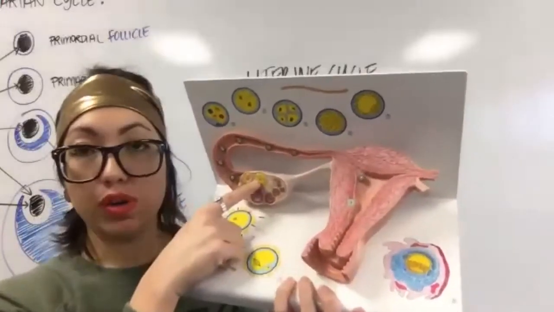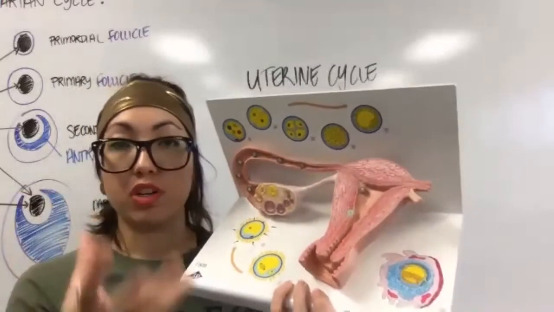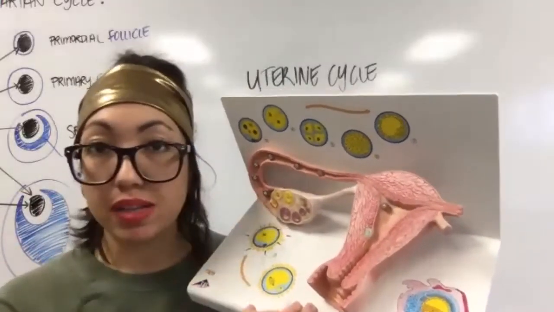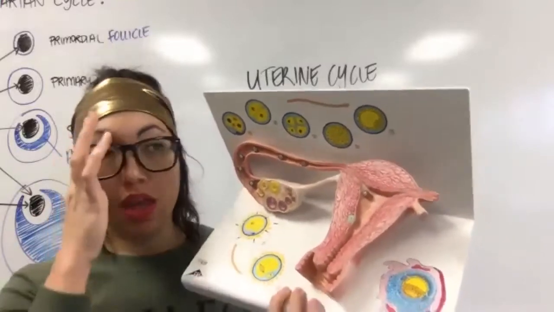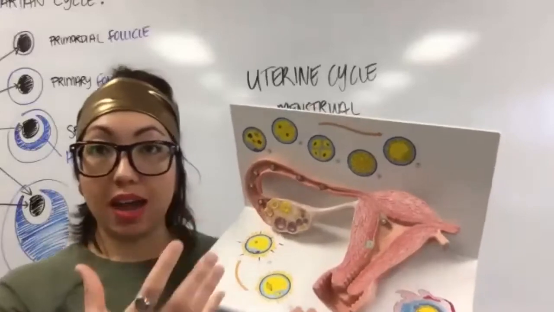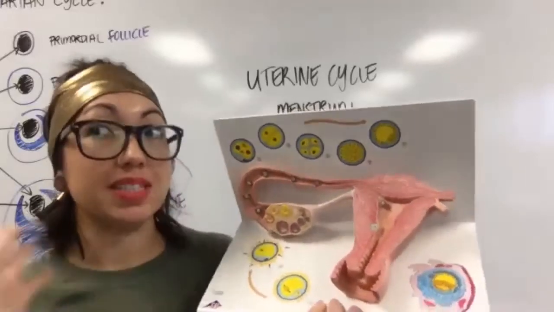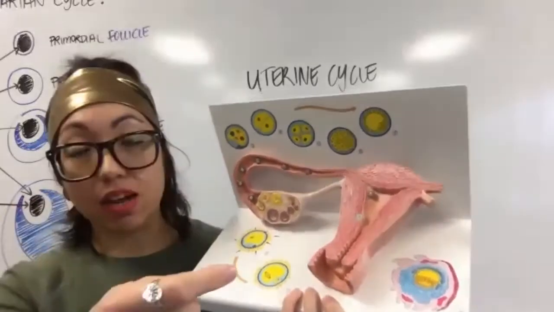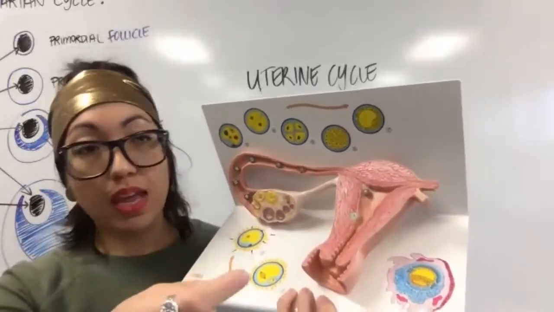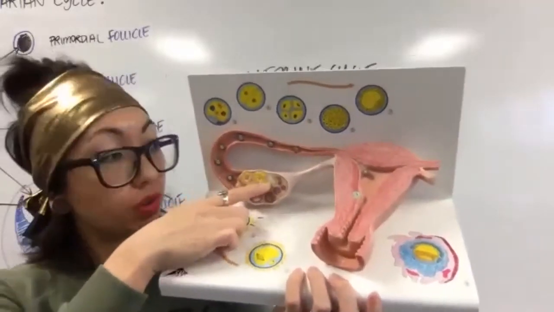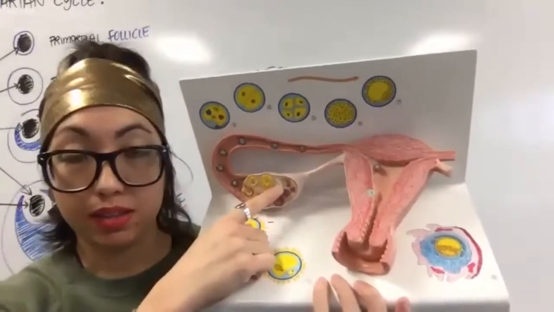That corpus luteum will keep producing progesterone for the first trimester of pregnancy, the first 3 months approximately. Once the baby has developed enough, and it's really once the placenta has developed enough, now the placenta takes over that role, and that's when that corpus luteum will shrivel up to the corpus albicans.